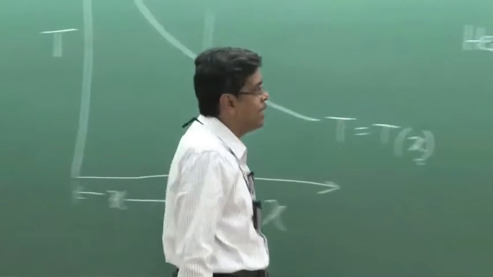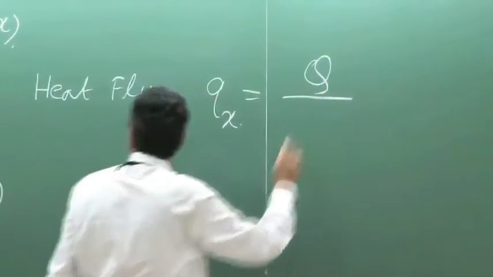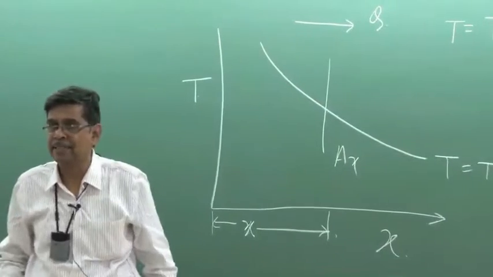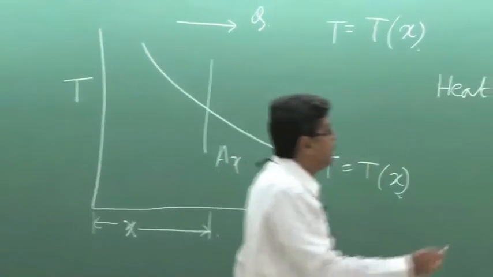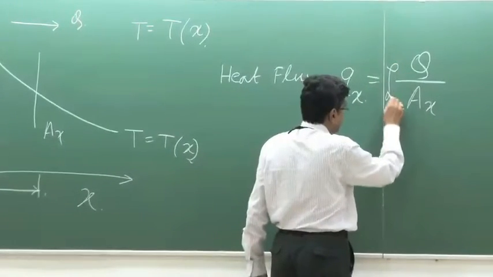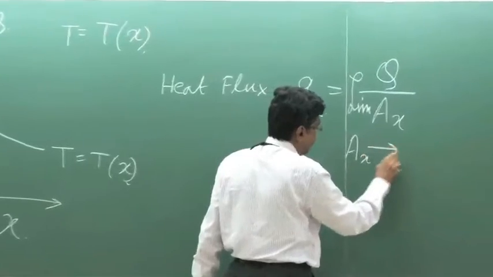which is defined like this: if the total heat transfer through a finite area Ax is Q, then q equals the limit of Q by Ax as Ax tends to 0.